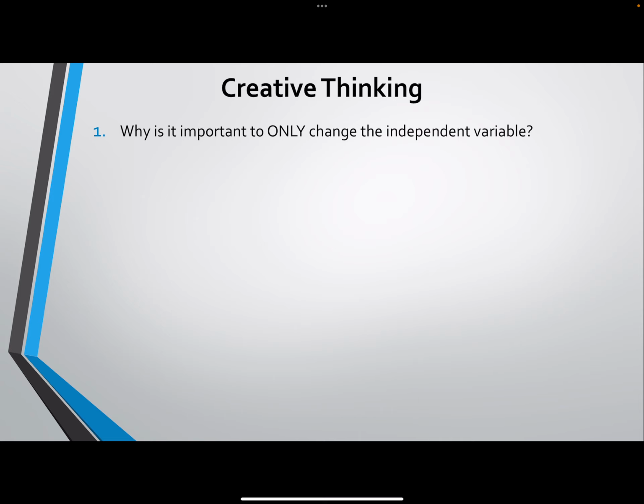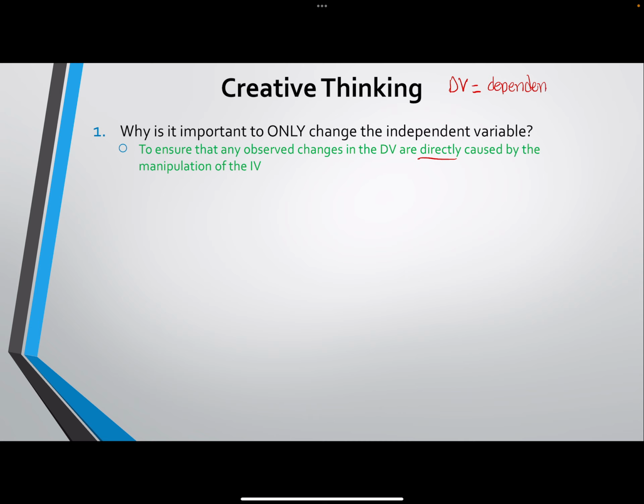Creative thinking. Why is it important to only change the independent variable? Think about it. Why is it important to only change the independent variable? Well, it's to ensure that any observed changes in the dependent variable are directly caused by the manipulation of the independent variable.